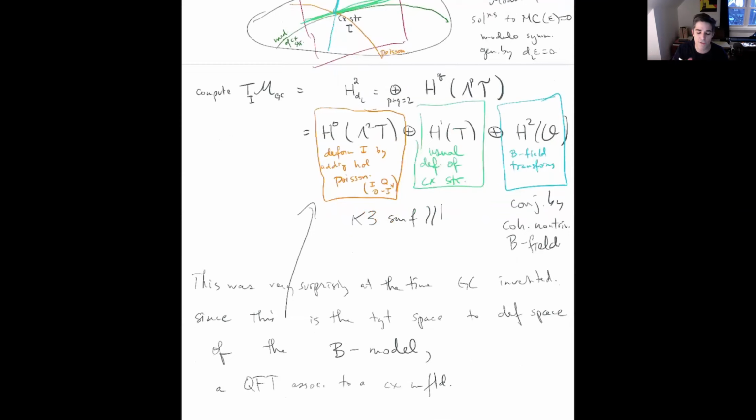On a K3 surface, instead of dealing with vector fields or multi-vector fields, you can use the fact that there's a volume form to convert any multi-vector into a form. And so it just becomes regular cohomology. And so this part becomes the H1 of omega 1.